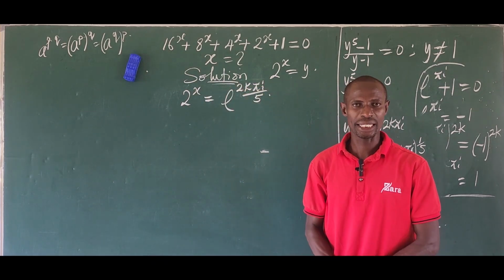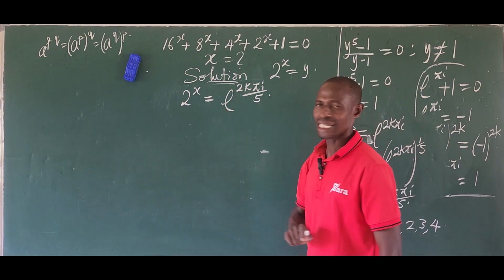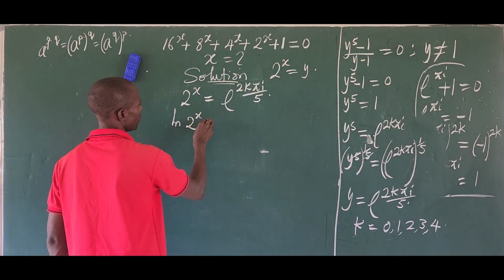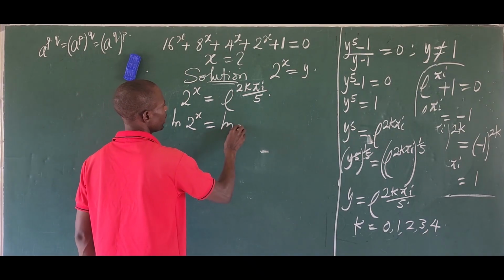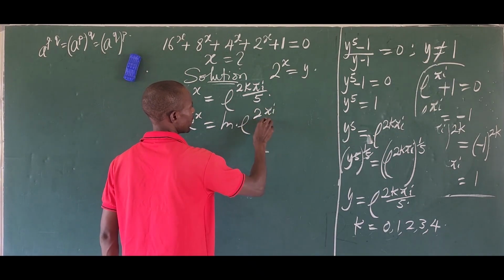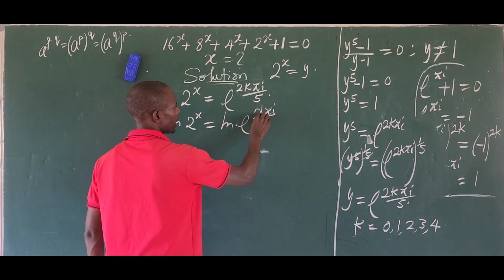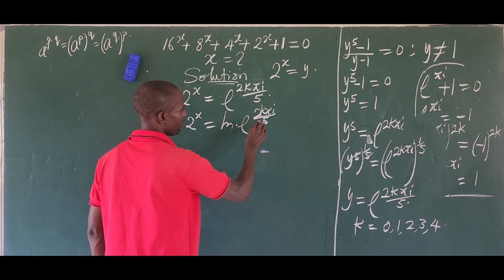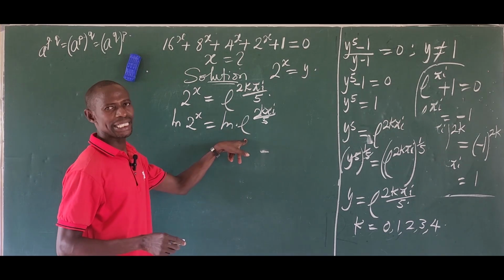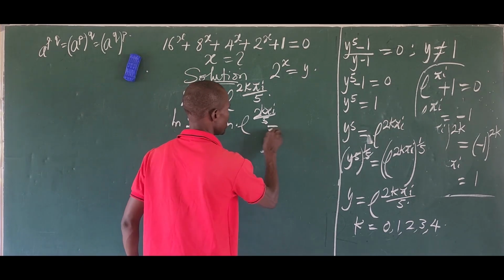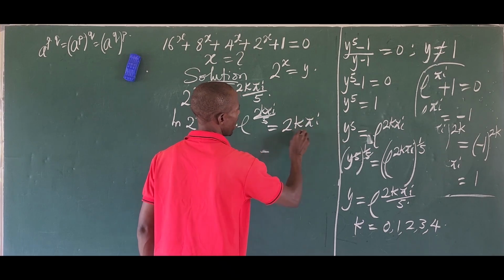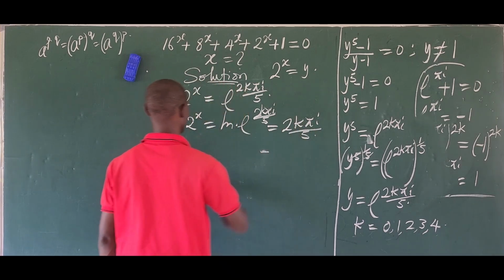Now we're looking for x, so we have to take the ln of both sides of the equation. The ln of 2 to the power of x is equal to the ln of e to the power of 2k pi i all over 5. Now remember that ln of e gives us 1, so we'll be left with 2k pi i all over 5.